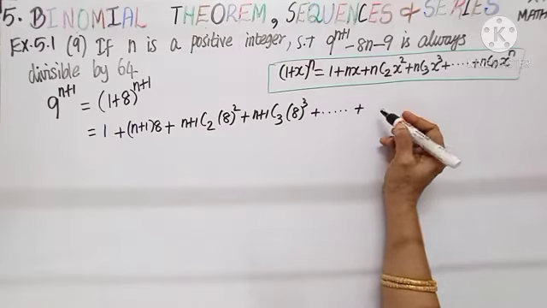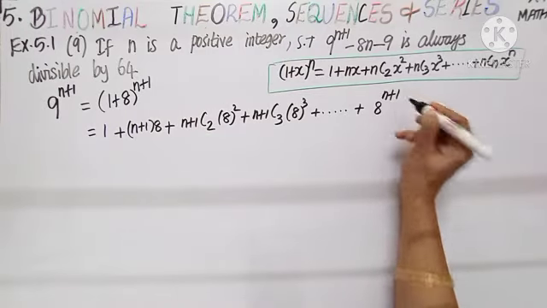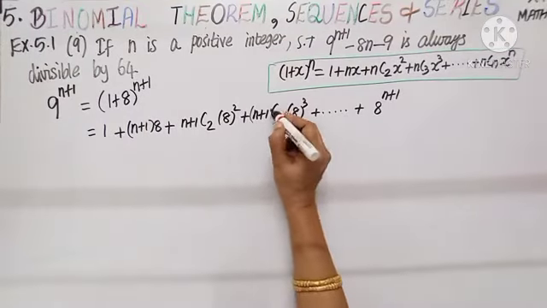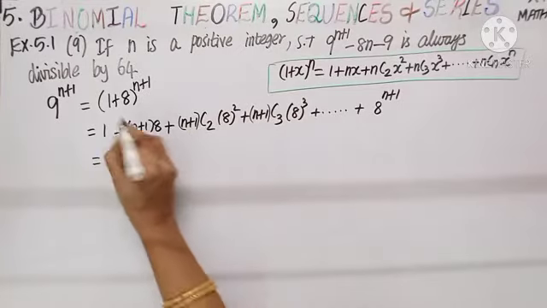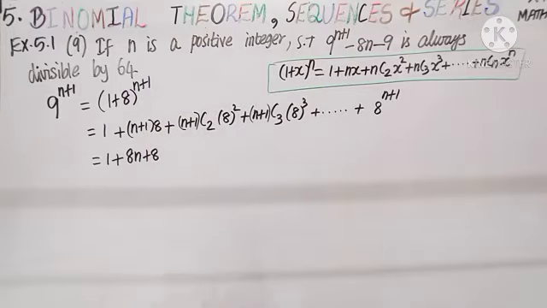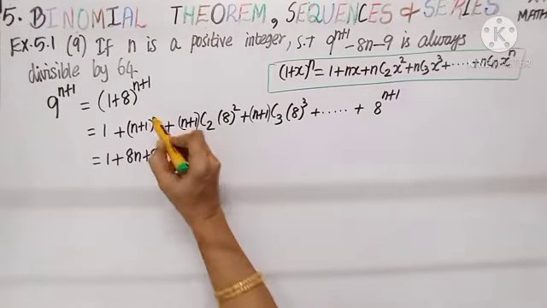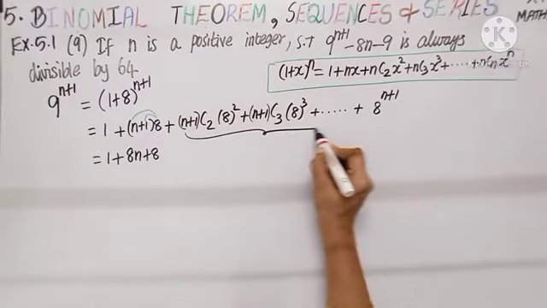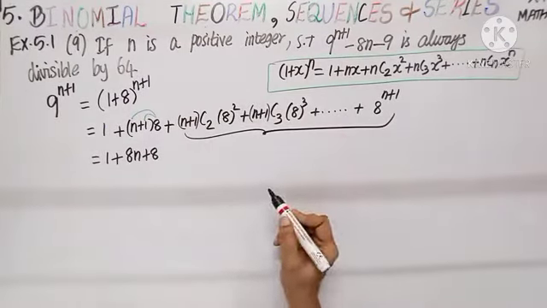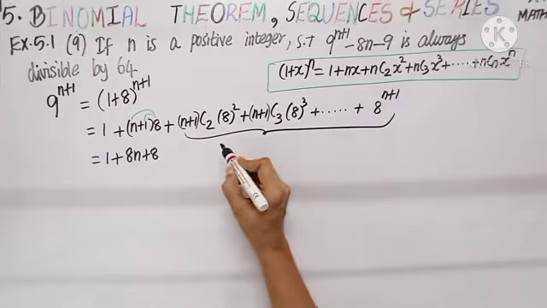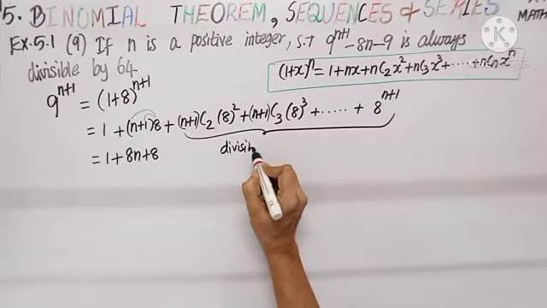The last term will be 8 power n plus 1. nCn is 1, so I can ignore it. Now I multiply 8 into (n plus 1) into 8; we are just multiplying this bracket alone. The remaining I am not going to multiply, because these are multiples of 8: 8 square, 8 cube and so on. So naturally divisible by 64.